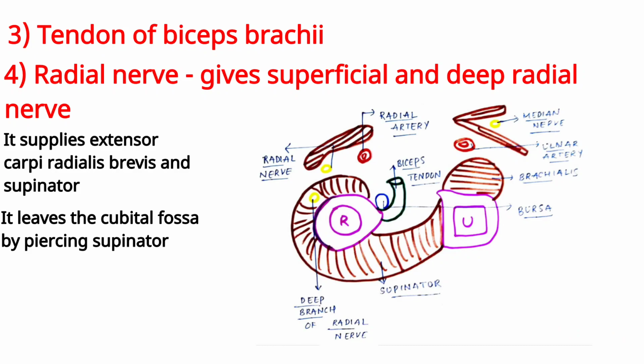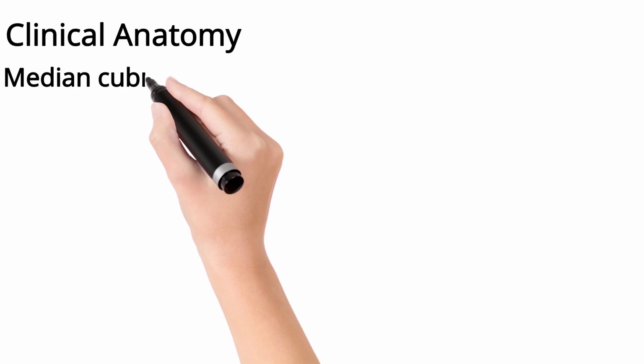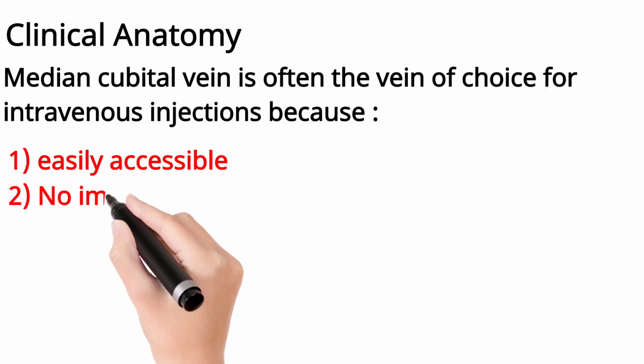The deep branch of the radial nerve is also known as posterior interosseous nerve, and it gives branches to the supinator muscle, which forms floor of the cubital fossa.